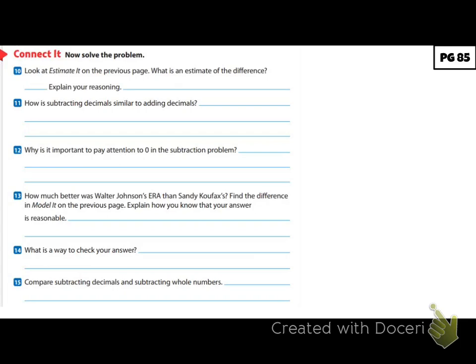Connect it. Look at estimated on the previous page. What is an estimate of the difference? And then explain your answer. Well, it's going to be about 6/10, and then you just simply found it by rounding. How is subtracting decimals similar to adding decimals?